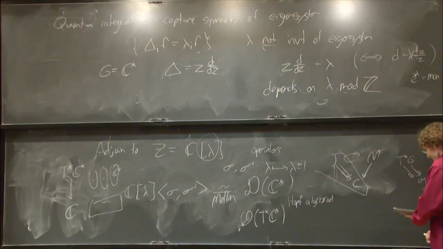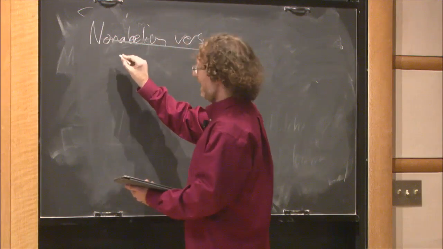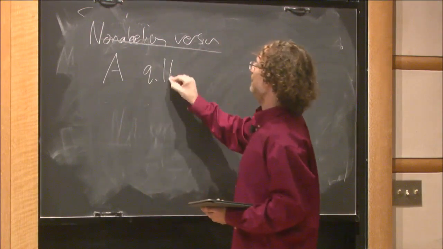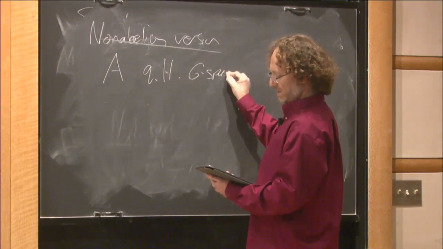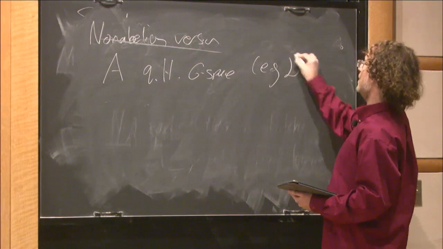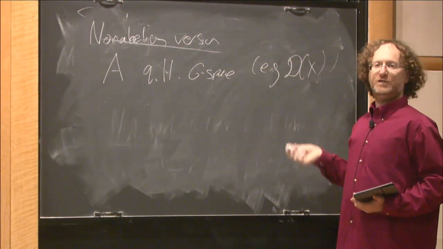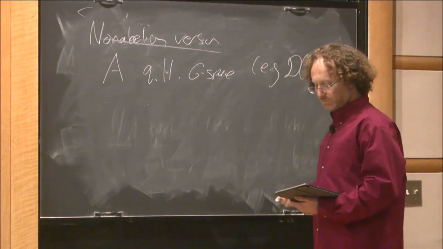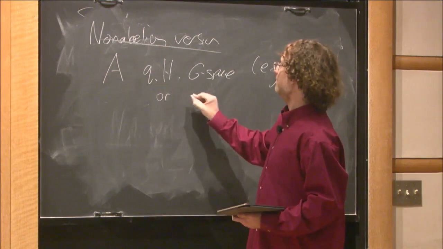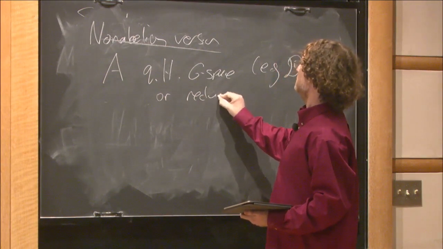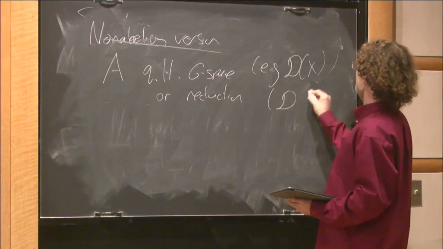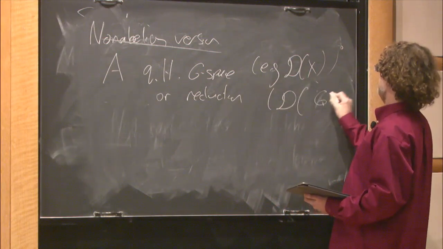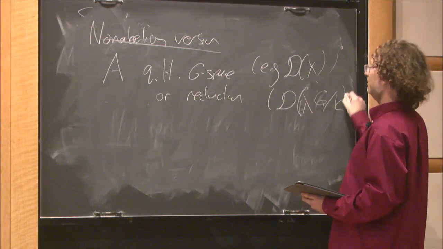And so the claim is that you have such a thing. So the non-abelian version of this. If A is a quantum Hamiltonian G space, again, you think of differential operators on an ordinary G space, or its Hamiltonian reduction. So again, think of differential operators on G mod K mod H, for example.